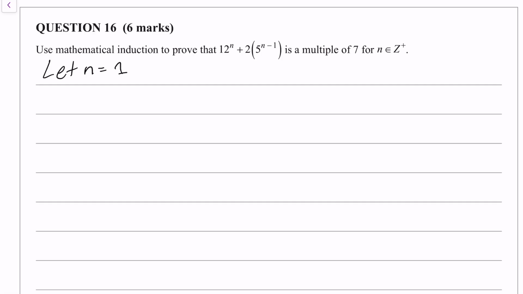All right, so again, if I'm letting n equals 1, what am I doing? I'm just literally substituting wherever there's n in my proof equation, putting a 1 there.